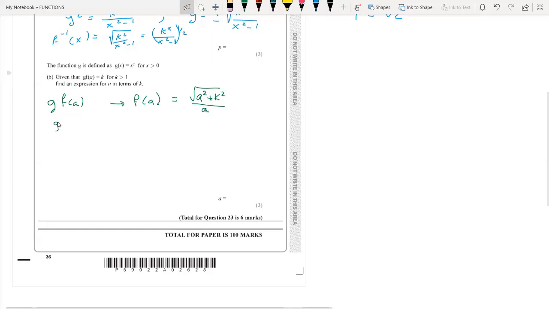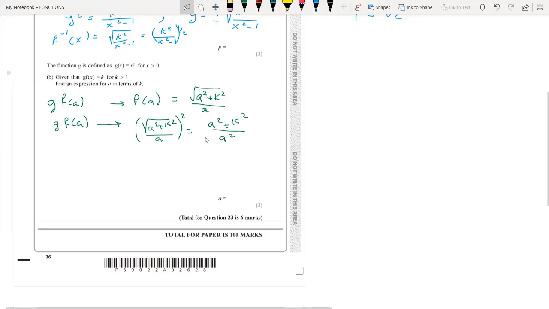Now, g f of a means that we substitute f of a into g of x. We have g of x equal to x squared, so g f of a is the square root of a squared plus k squared over a, all to the power 2. So this means that we have a squared plus k squared over a squared. So this is g f of a.